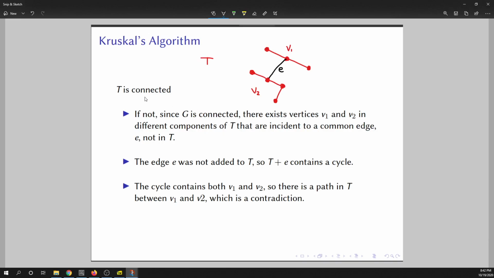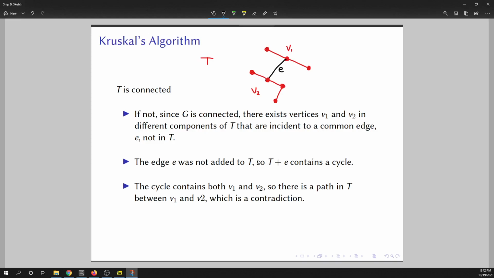And we're assuming T is not connected, and so T can't be all of G. That means there are some edges of G that are not in T, and so those edges have to go between two vertices that are in T. So there's got to be some setup like this, okay?